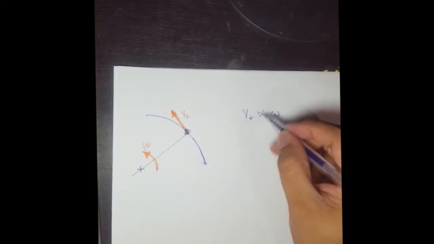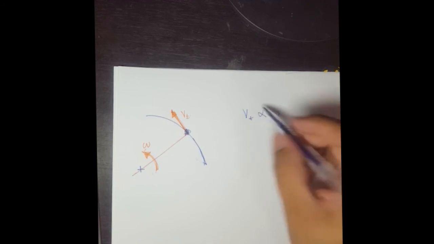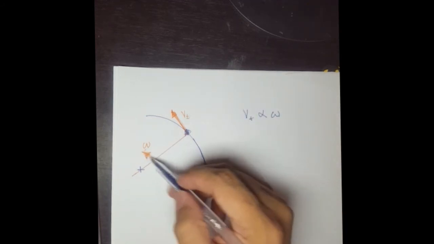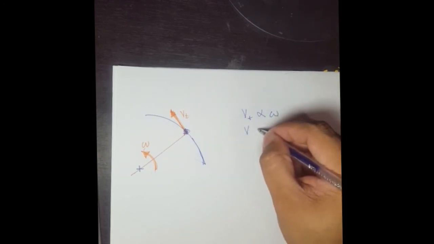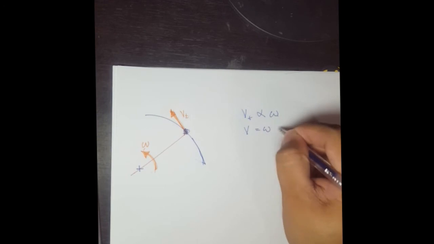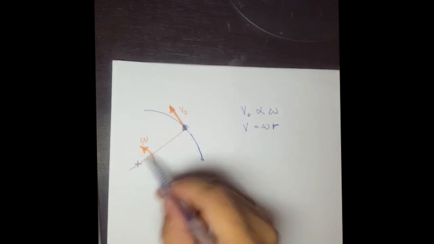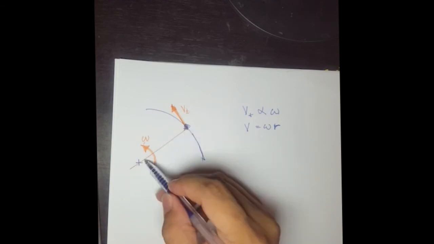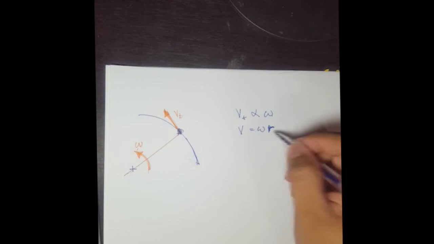Okay, so this is not the angular acceleration, this is the proportionality symbol. So the velocity is directly proportional to the angular rotation, and also proportional to the distance r. So how far is this distance? When we say r, it does not necessarily mean the radius.